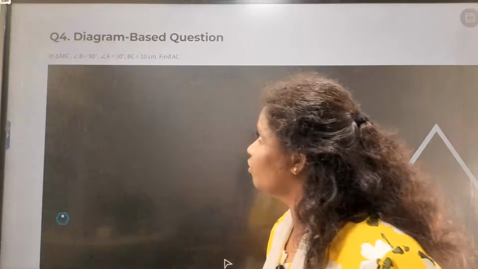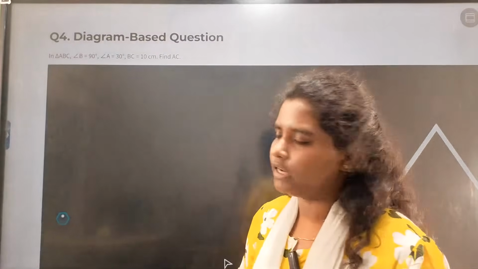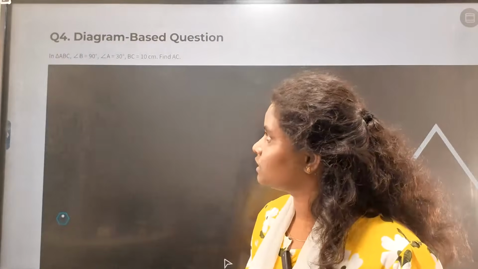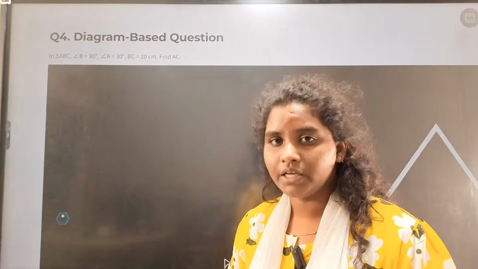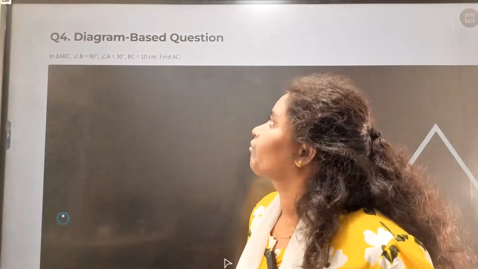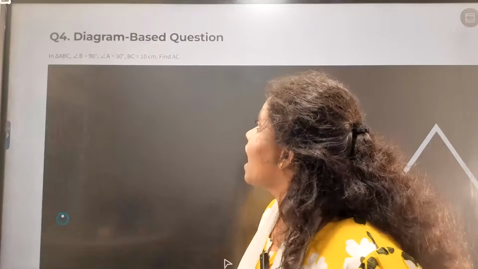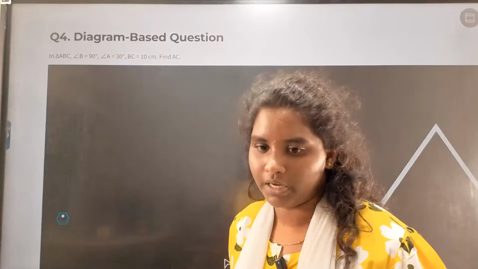So can you try this diagram based question? Here we have triangle ABC, and it's mentioned angle B is 90 degree, and angle A is given as 30 degree, and BC is equal to 10 centimeter, right?